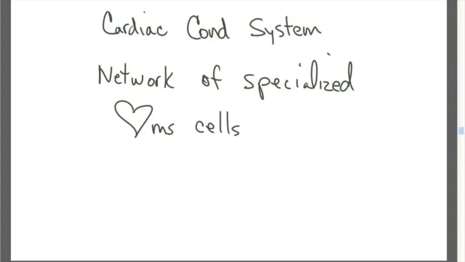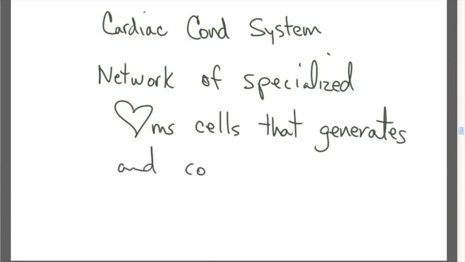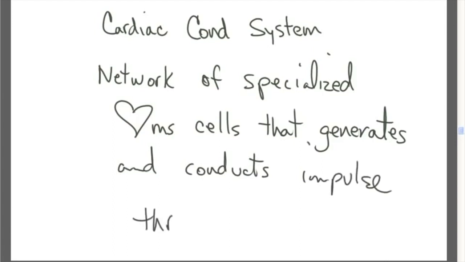Cardiac muscle cells that generates and conducts an impulse through the heart. Cardiac conduction system. A network of specialized what? Cardiac muscle cells that generates and conducts an impulse through what organ? The heart.